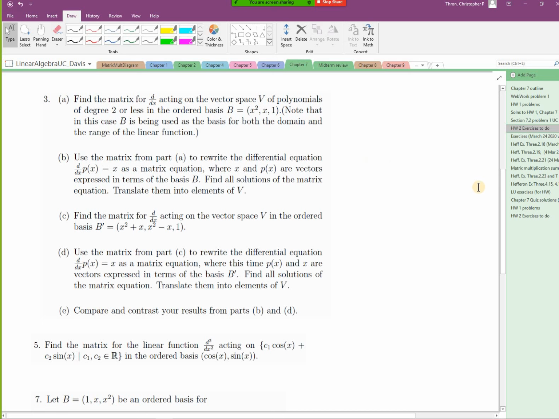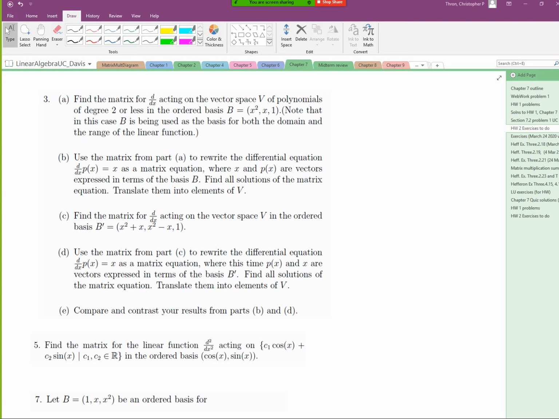Right. All right, so is that making sense? Just a polynomial, kind of standard form polynomial. And then the matrix for the, I guess, the derivative of that would be 2, 1, 0.